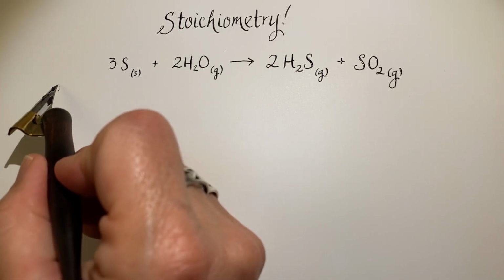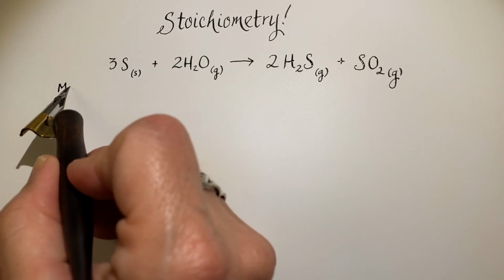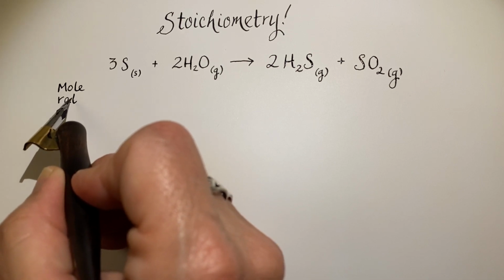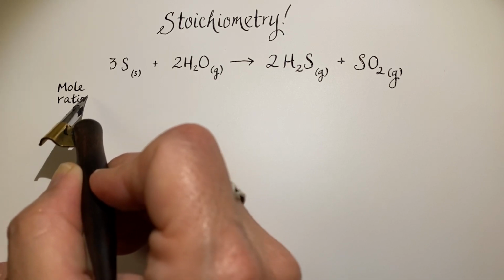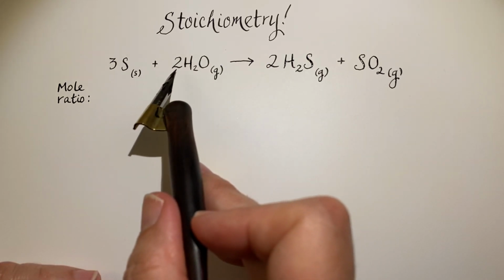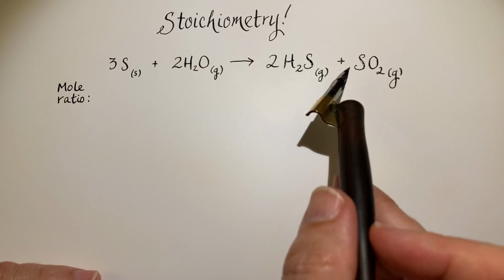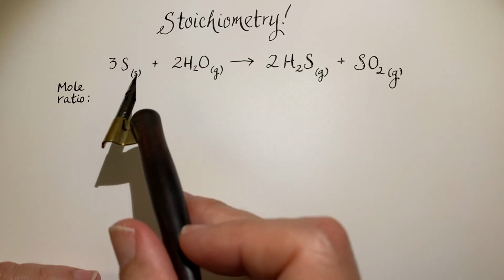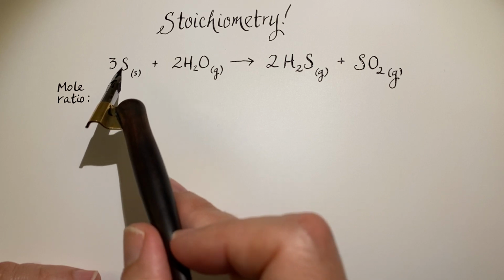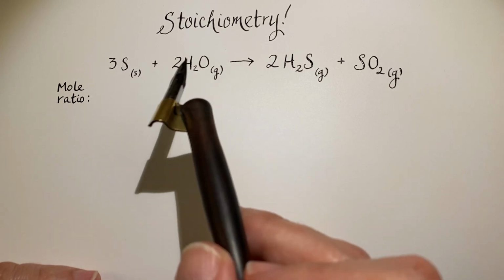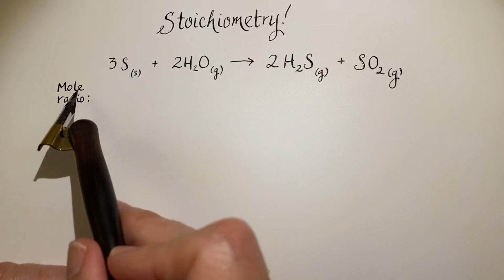So what we have here, this mole ratio, is that we want to look at the stoichiometric coefficients. And while we can think of this as 3 sulfur atoms, 2 water molecules, like that, we really want to work with moles.